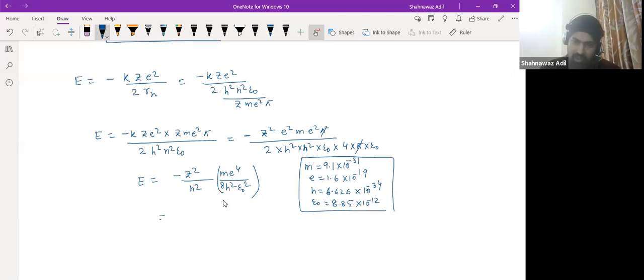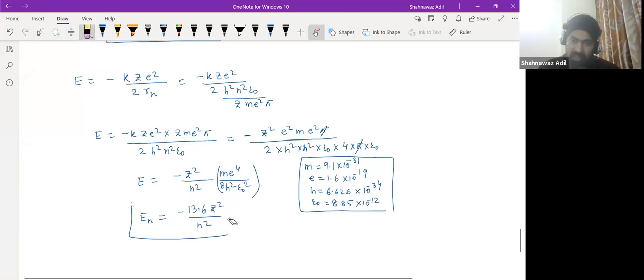So then you will get the value to be minus 13.6 z square divided by n square, and this would be the energy of the nth orbit, because this is n, right? So your energy is quantized, and this would be in a specific unit.